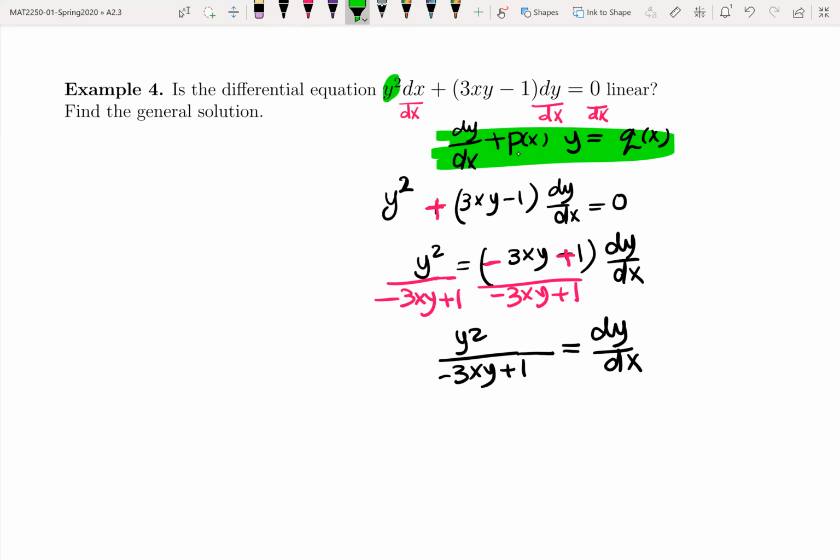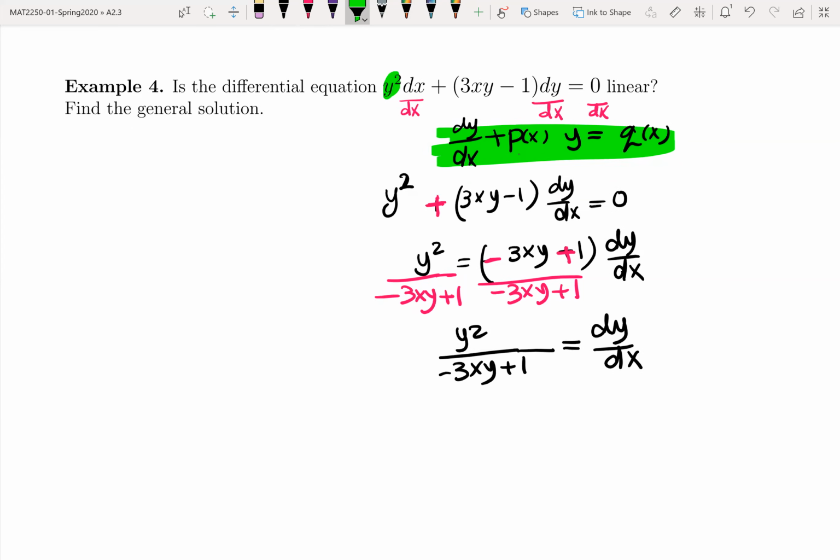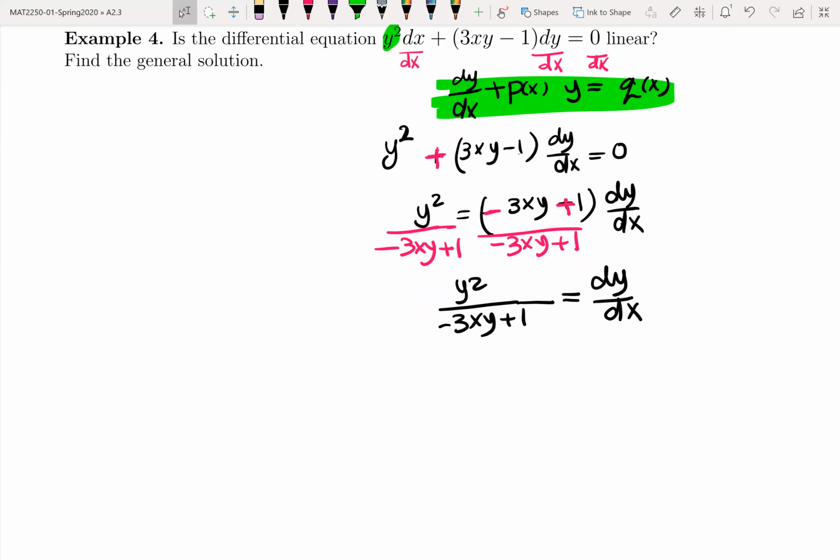If it's linear, it has to be in that nice standard form. If it's separable, it has to be separable. Any idea about this?